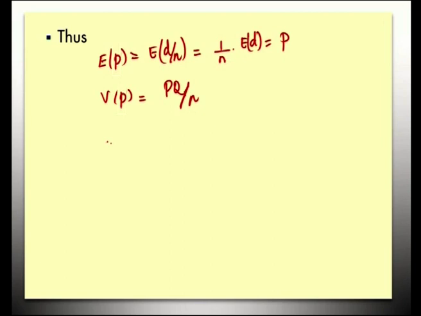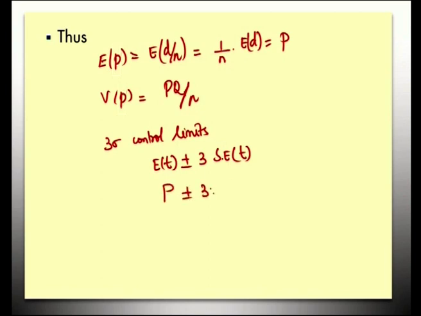Thus, the 3 sigma control limits, the general formula for any chart, is always the expectation of the parameter plus or minus 3 times the standard error of the parameter. Here, it is capital P plus or minus 3 times the standard error of p, root of PQ by n.